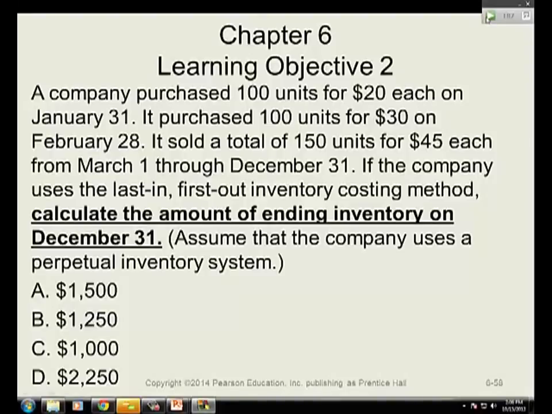Last in, first out. Okay, you got a minute, and here we go. It's not open? Oh, I thought I hit it. Sorry. All right, thanks. Now you got a minute. There we go. Sorry about that.